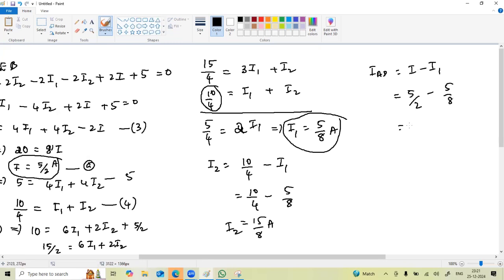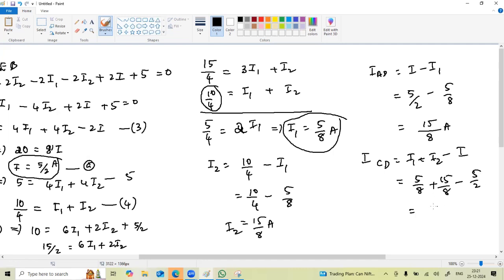So 20 minus 5, 15 by 8. Now current through CD is I1 plus I2 minus I. So I1 is 5 by 8, I2 is 15 by 8, minus I. 20 by 8 minus 5 by 2. 20 by 8 you divide, 10 by 4, 5 by 2. 5 by 2 minus 5 by 2. So now current flows through CD.